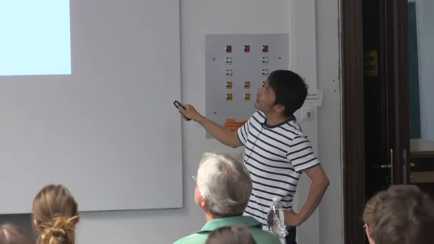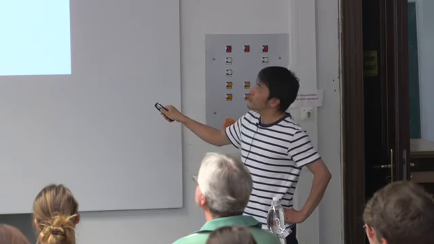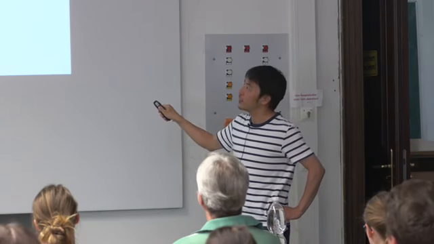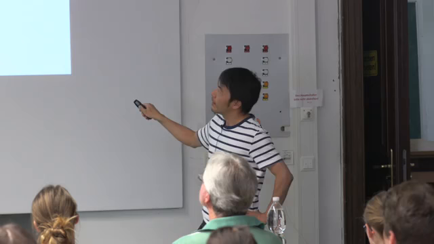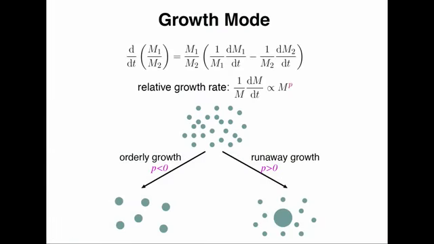If p is negative, so if this is a decreasing function of the mass of this growing body, and initially m1 is larger than m2, then the right-hand side of this equation becomes negative, right? So the mass ratio tends to unity.